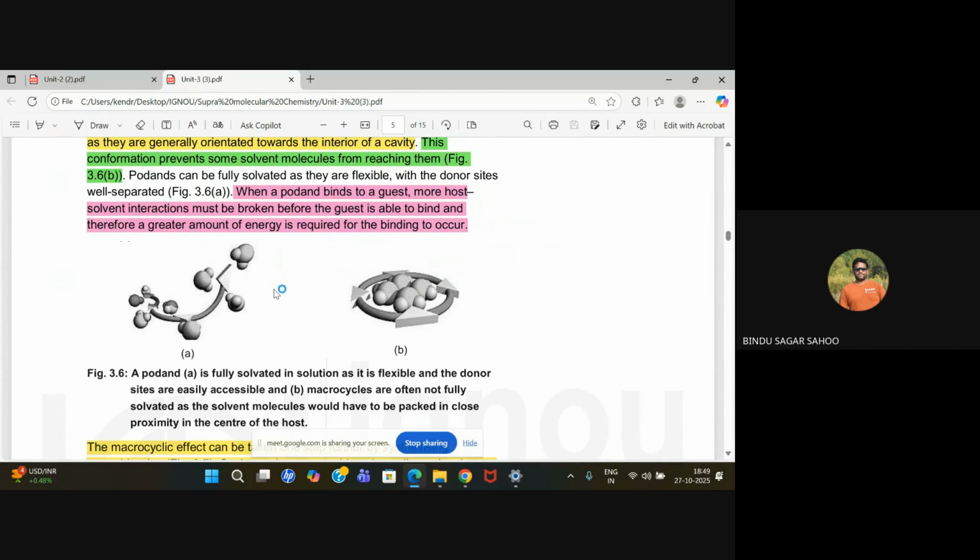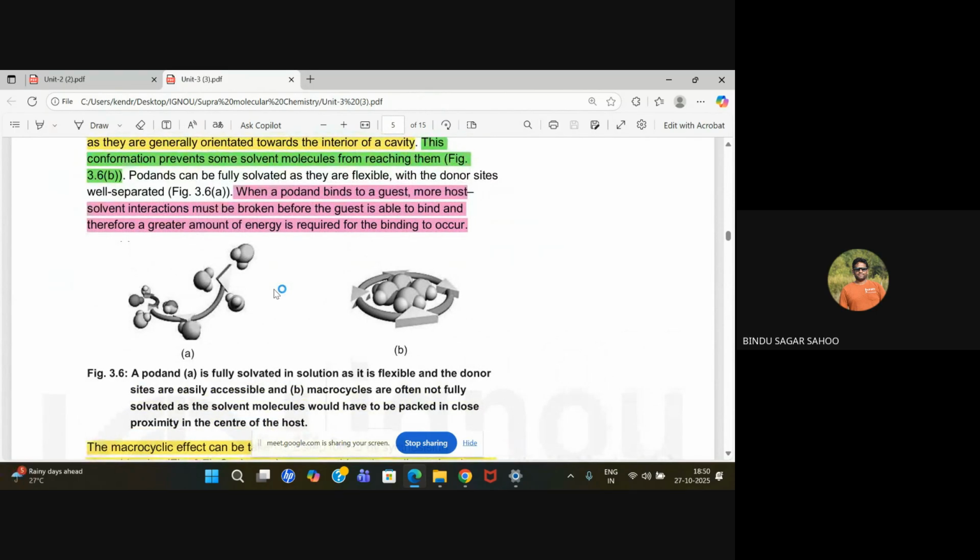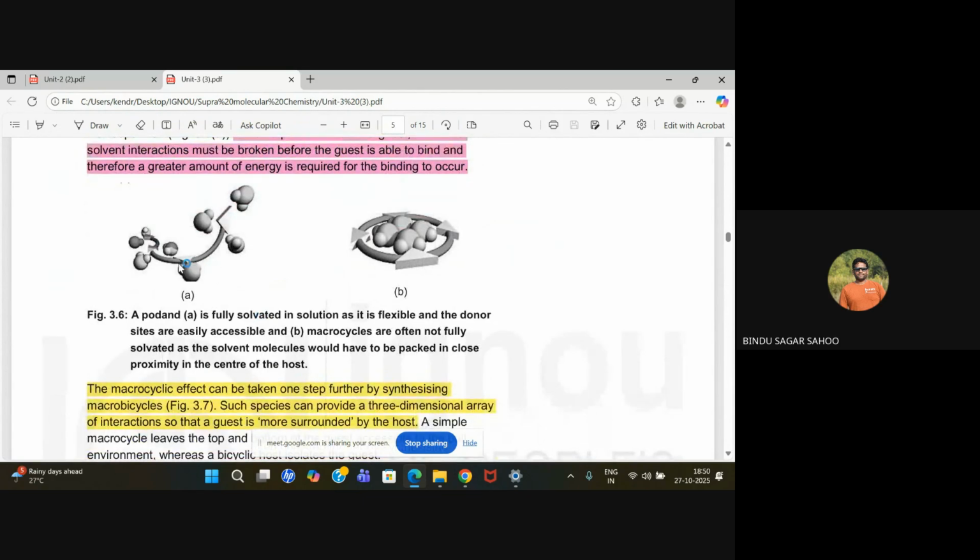So in the case of the podant, we need much more energy to separate all the solvent molecules before the interaction. In formation of the podant complex, you need to put in a huge amount of energy for binding with the guest molecules. You can see the solvated structure of the podant molecular receptor and the solvated structure of the macrocyclic structure.